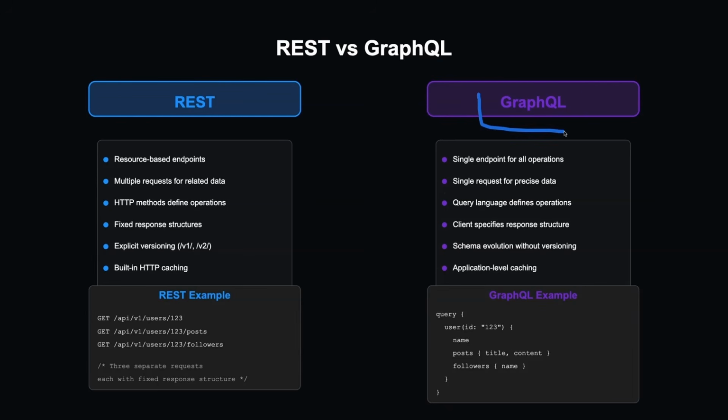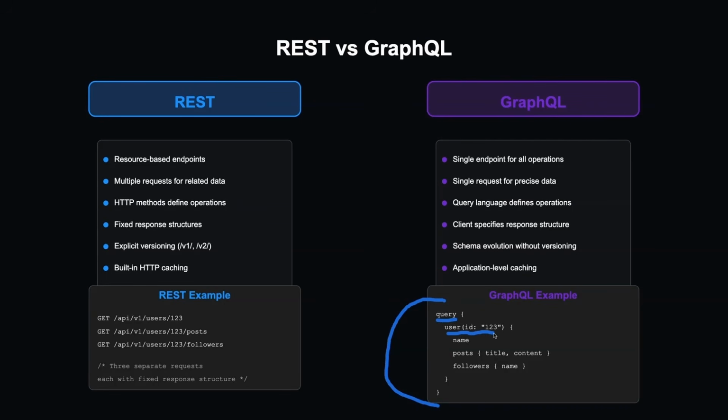Now, if we compare that to GraphQL APIs, it comes with a single endpoint for all operations. So mostly it is /GraphQL or /some API endpoint that is commonly used for all operations. And in this case, we will use a single request to get the precise data that we need, and we will use the query language of GraphQL. This is what the query language looks like. As you can see, we start with a query and then we define what we need.